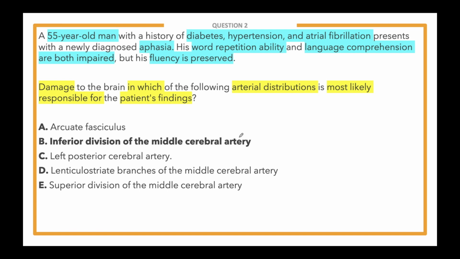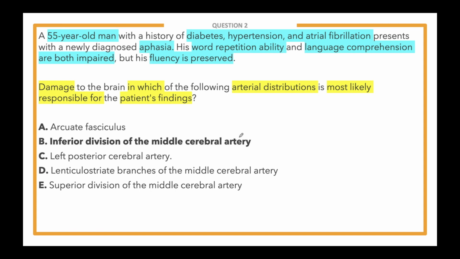Answer choice D, lenticulostriate branches of the MCA. This usually affects more of your internal structures like the internal capsule, the basal ganglia, the pons. So you're more likely to have motor and sensory issues rather than aphasia. Answer choice C, left posterior cerebral artery. This would be causing more of sensory issues, so like a transcortical sensory aphasia, which is different than what we have here in this patient.